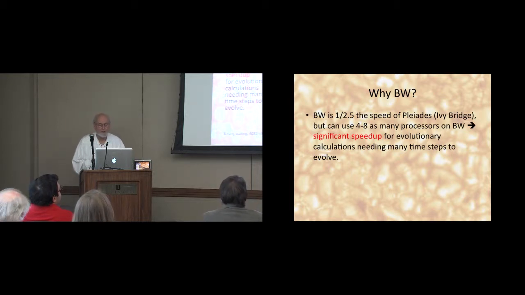Previous to this, we've been running on Pleiades at NASA Ames. Pleiades is about 2.5 times faster than Blue Waters, but we can use 4 to 8 times as many processors so far on Blue Waters, so we get a significant speedup, and we're doing an evolutionary calculation, so we have to do many time steps to see how this all evolves.